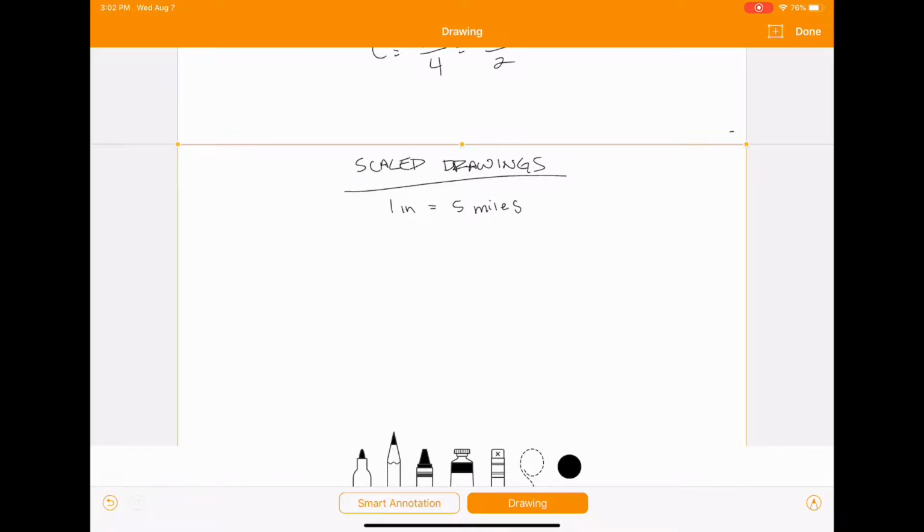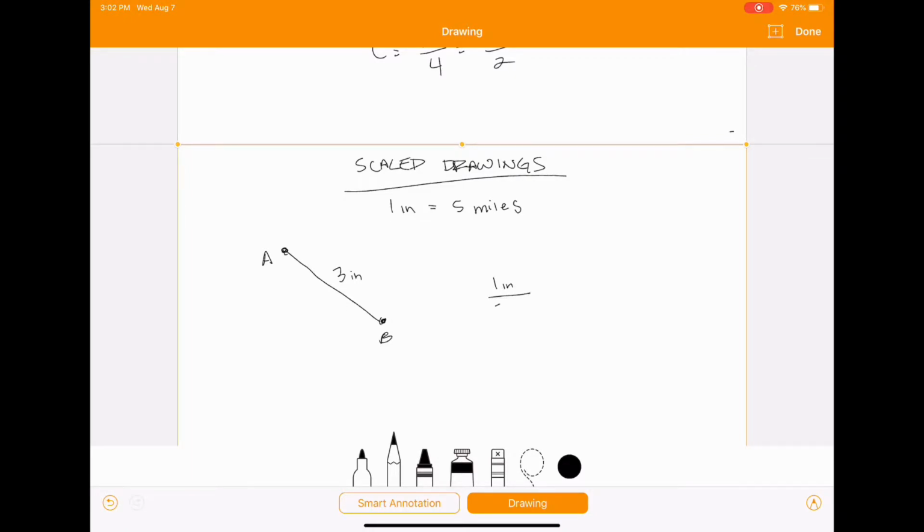Now you measure on that map with your ruler a distance between two cities, city A and city B, and you measure this distance as being 3 inches, but you want to know the actual distance in real life. You can go ahead and use this proportion.